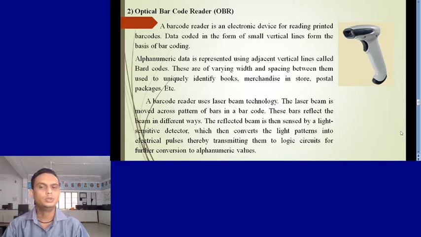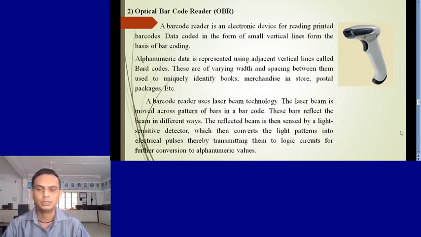The barcode reader uses laser beam technology. The laser beam moves across the pattern of bars in a barcode. These bars reflect the beam in different ways. The reflected beam is sensed by a light sensitive detector, which converts that light pattern into electronic pulses.